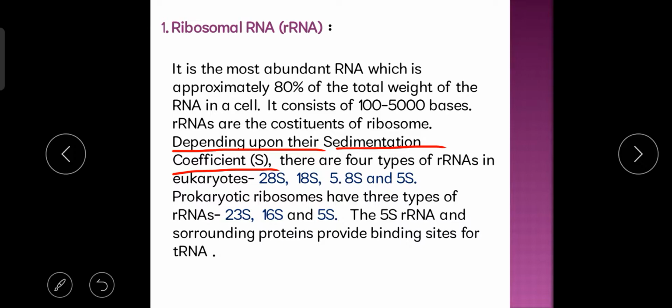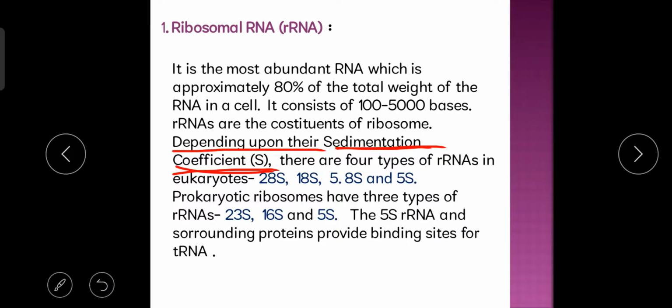After rotation or after blending, the amount of precipitate that forms is called the sedimentation coefficient. Depending on this sedimentation coefficient, there are 4 types of ribosomal RNA in eukaryotes.